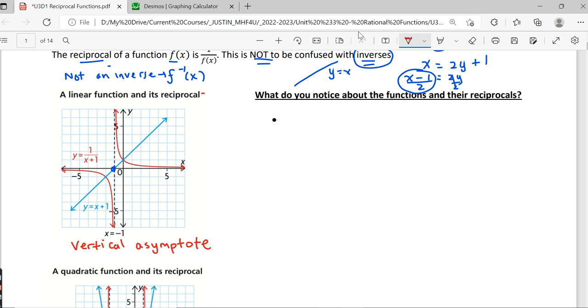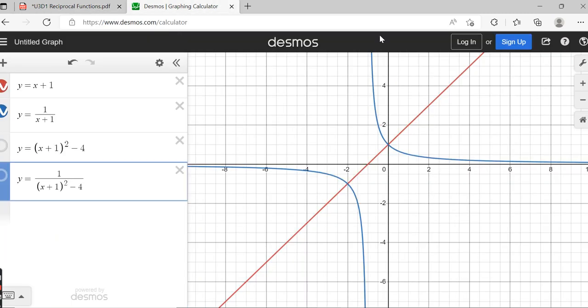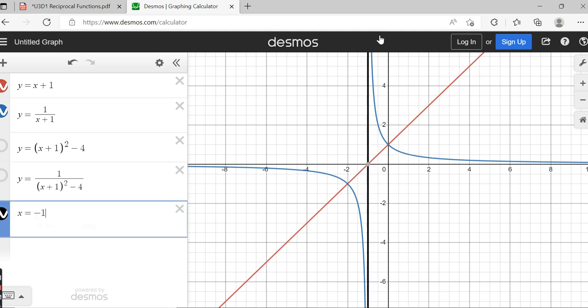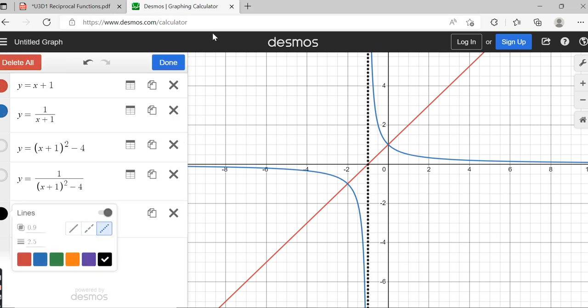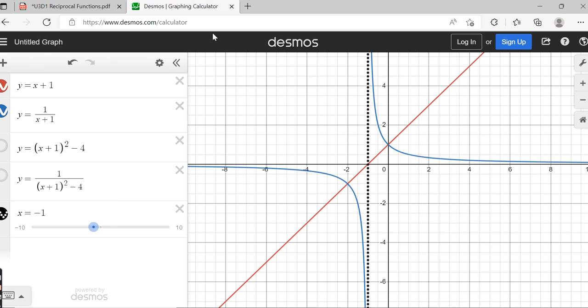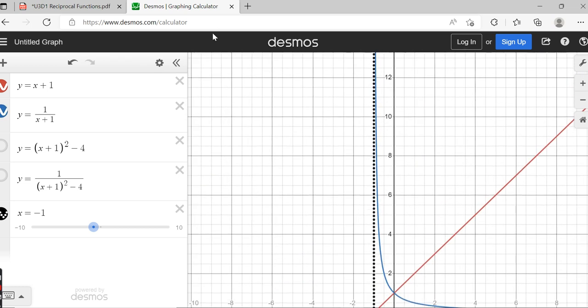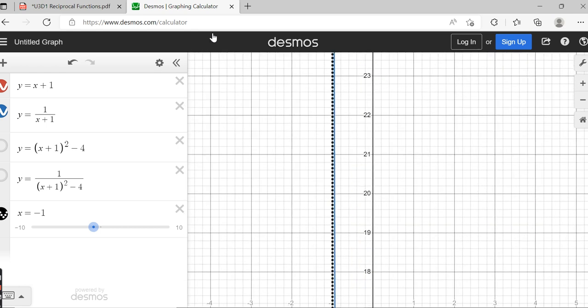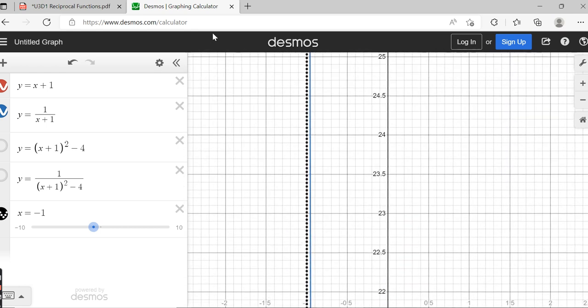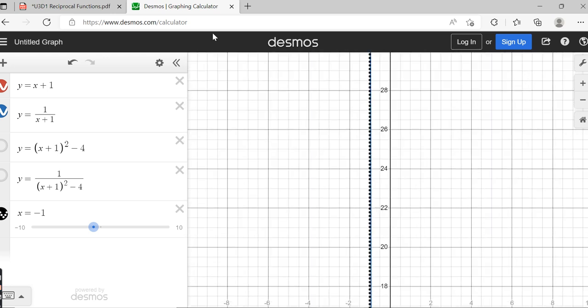Now, what exactly is a vertical asymptote? If I hop in over here, x equals negative 1. Let's make this line dotted. A vertical asymptote is essentially a vertical line that our reciprocal graph, which is our blue one, will never ever touch. If I scroll up, it looks like it does touch, but it gets really close, but never actually touches.